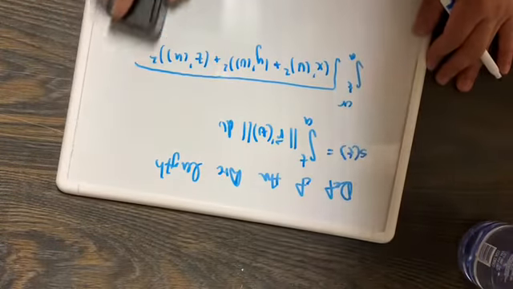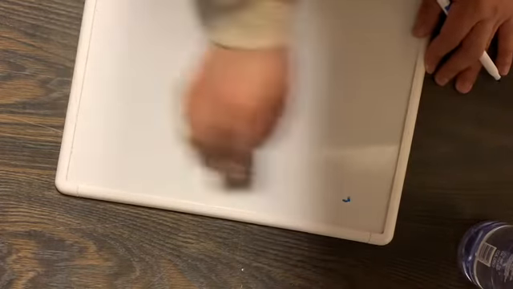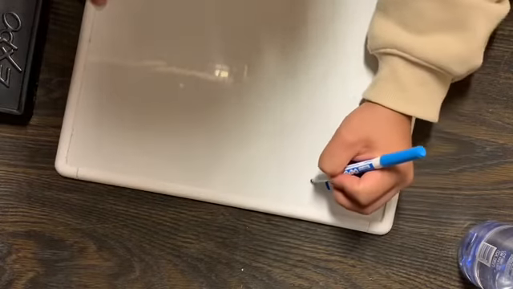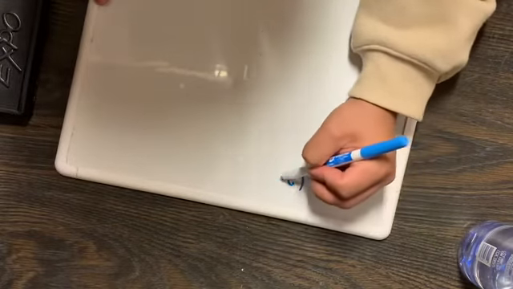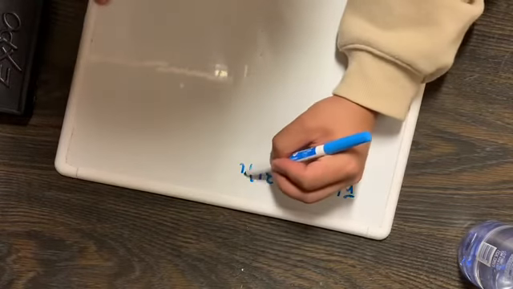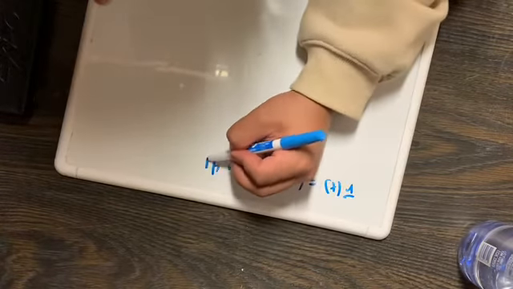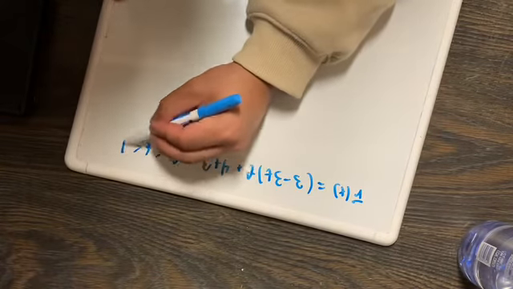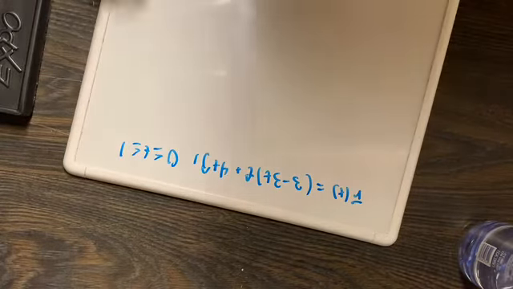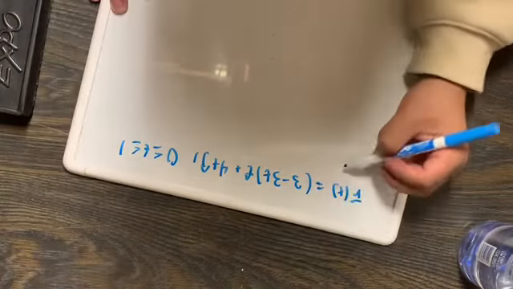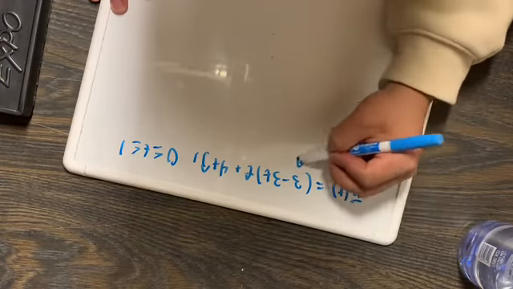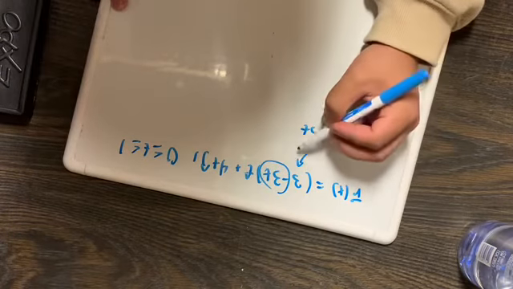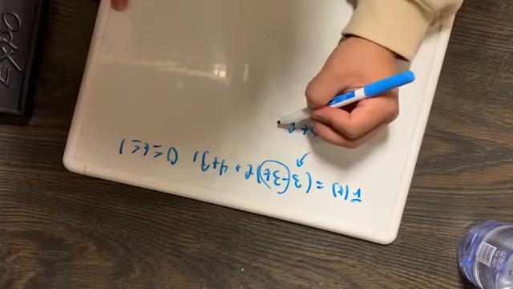Now, an example of this would be when we're given vector r of t equals (3 minus 3t) i plus 4t j, and our limits. So the thing we want to do is set it up. If we were to take the derivative of this one, it would just be minus 3 for i.